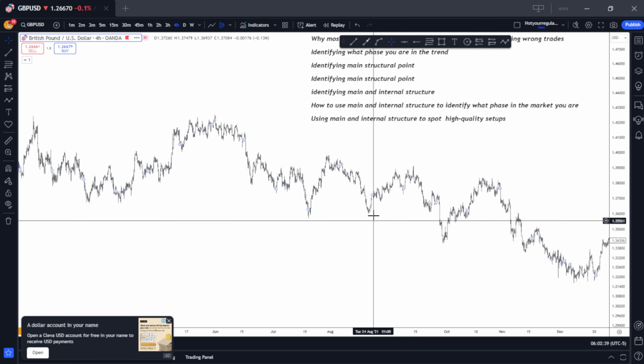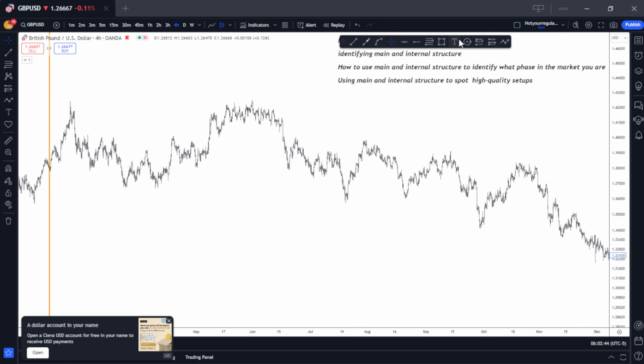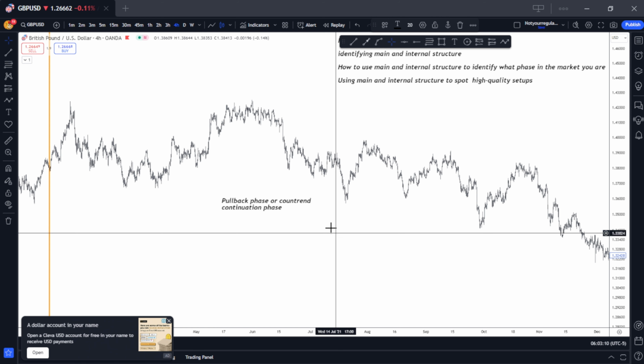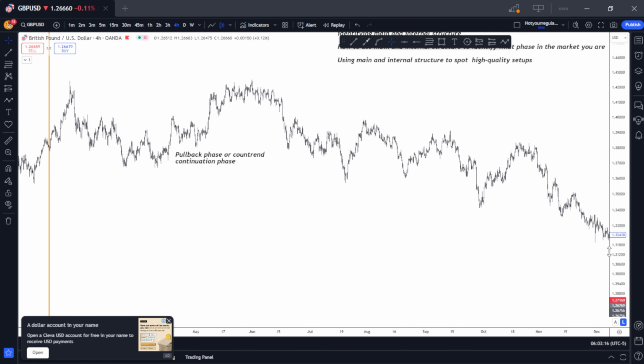When the market is trending, we have the pullback phase, or counter trend, and we have the continuation phase, which is when the market resumes the trend.